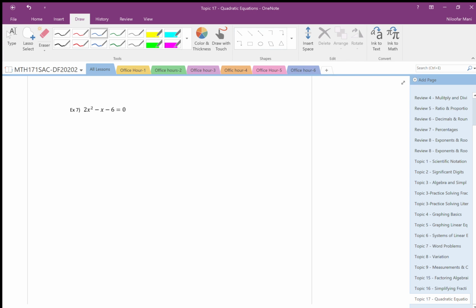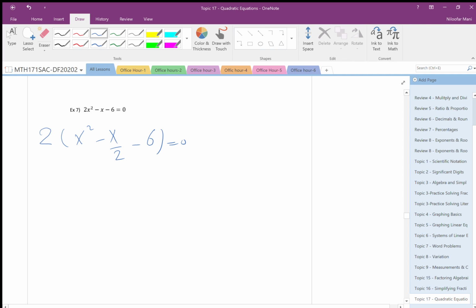So my method here is I have to factor 2. When I factor 2, I factor 2 from all the terms. So it is 2 multiplied by x squared minus x divided by 2 minus 6 equals 0.